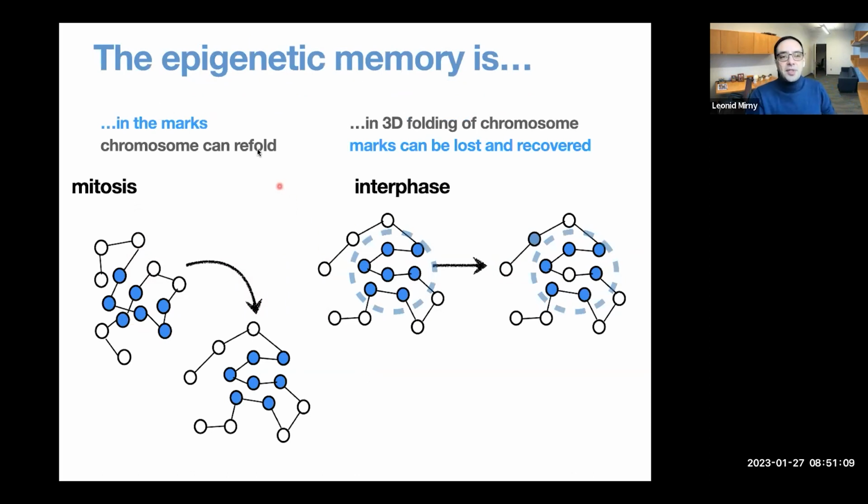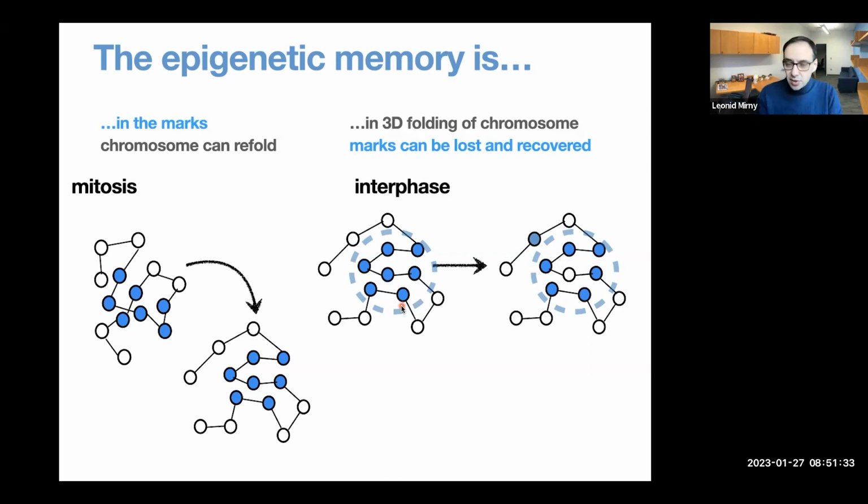And just to wrap up, what's the key idea here? I think the key idea is that the epigenetic memory is preserved in different forms at different stages of the cell cycle. During mitosis, the marks are preserved, but the structure of the chromosome is vastly different. Then during interphase, the memory of the repressed region is preserved in the form of this dense heterochromatic compartment.